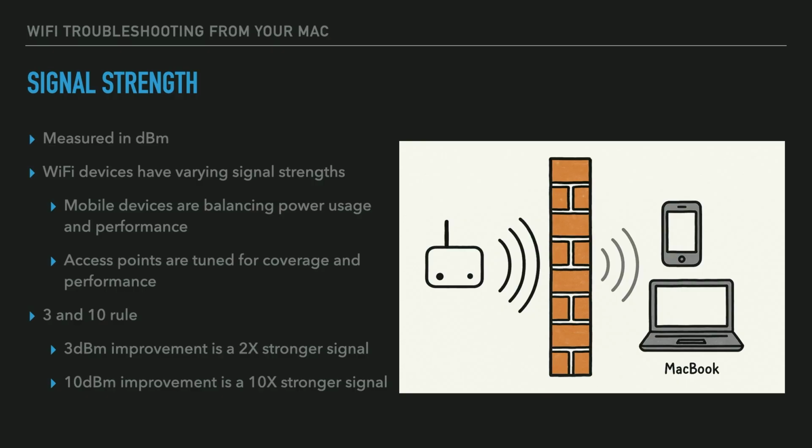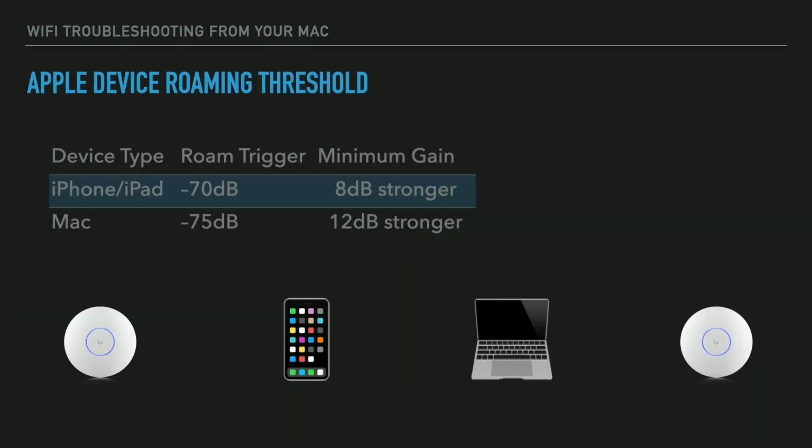It's logarithmic, so if you're an audio guy, this makes sense. I'm not really a math guy, but I can understand a 10-point improvement in dB is roughly a 10x improvement in signal strength. That one's easy.